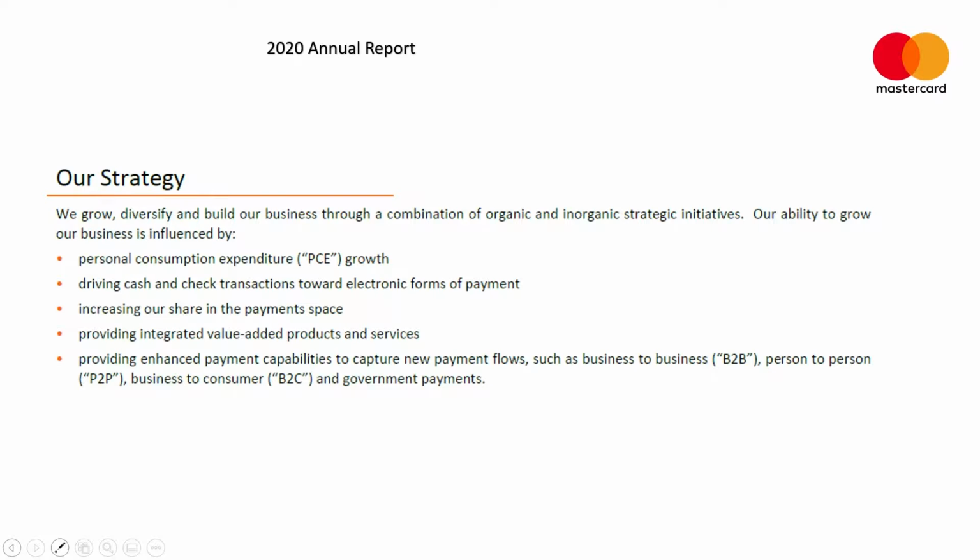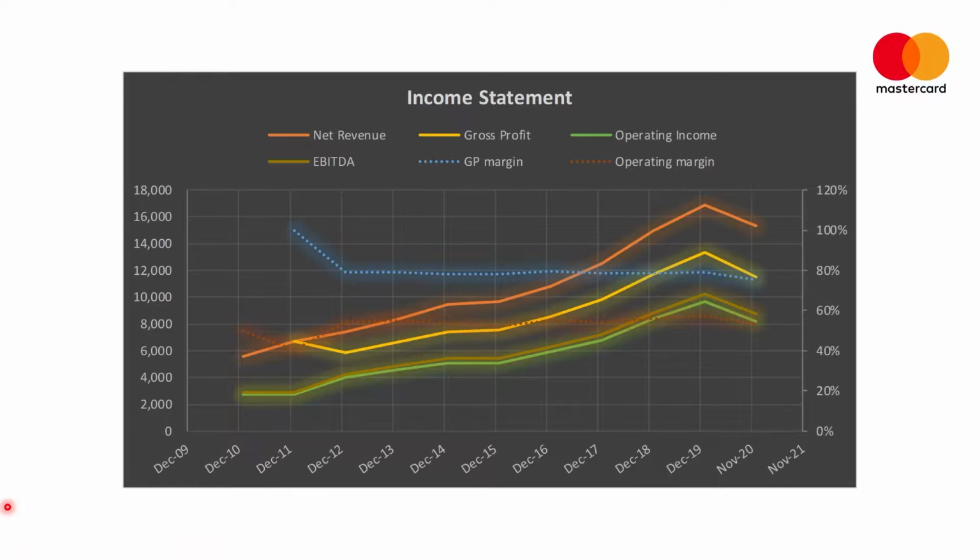This is a view of Mastercard's business. If we look at the income statement numbers, which is mainly revenue and profits, we see that net revenue has been growing quite substantially, other than this year because of COVID.